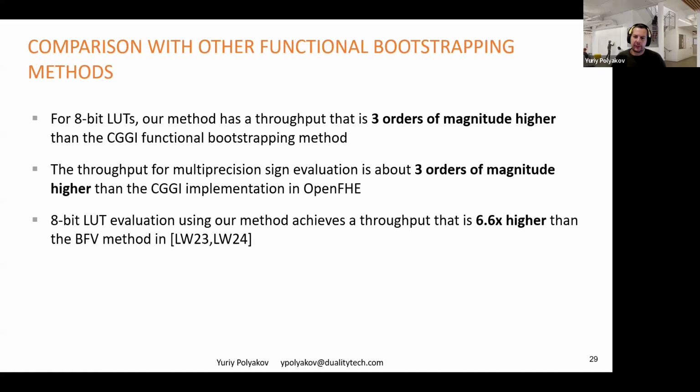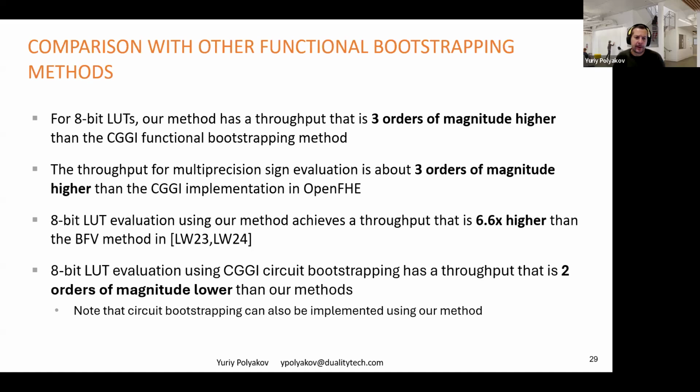And what we see is that our method is more efficient. We explain in the paper why: the degree of the polynomial that needs to be evaluated is much lower. For 8-bit LUT evaluation in a comparable implementation, which we also implemented in OpenFHE, we're seeing something on the order of 6x.